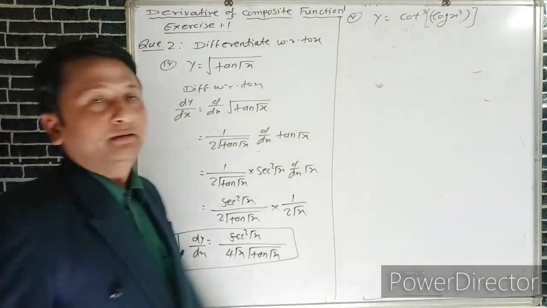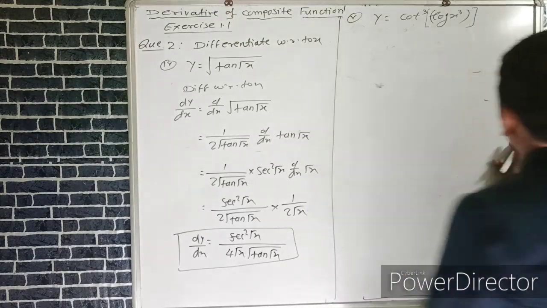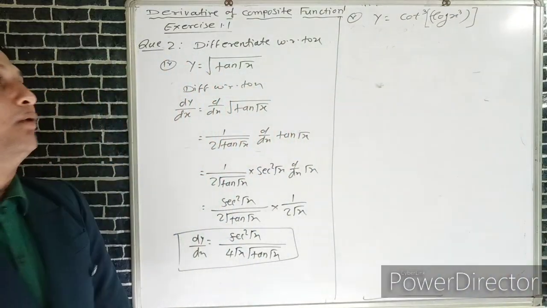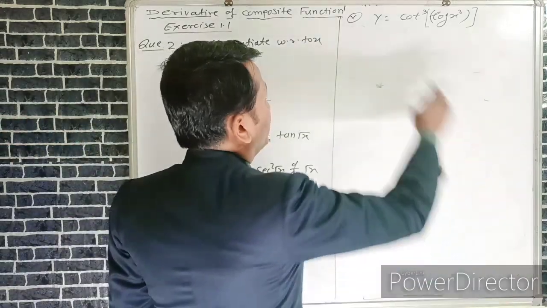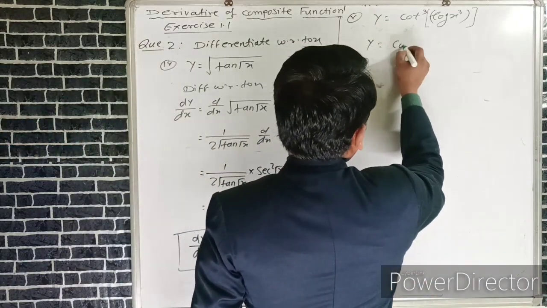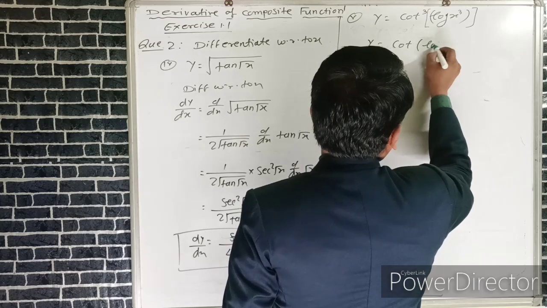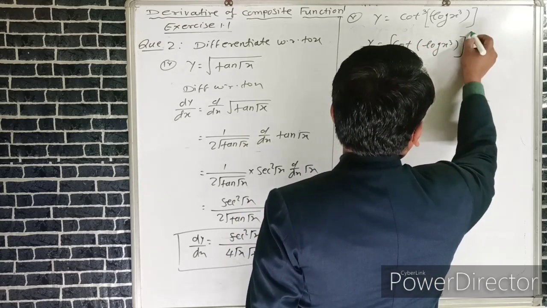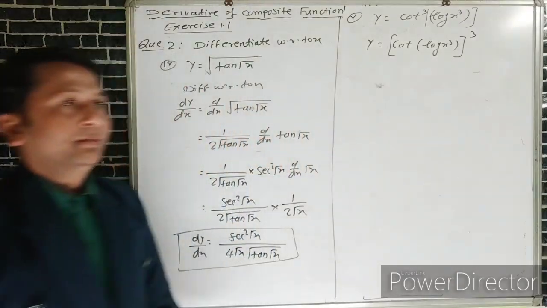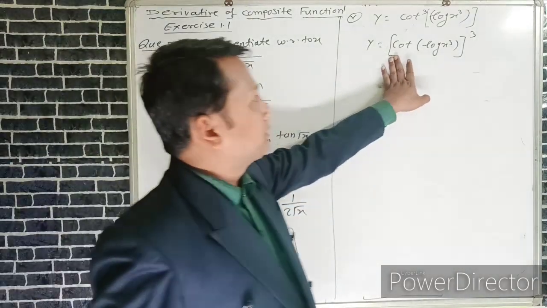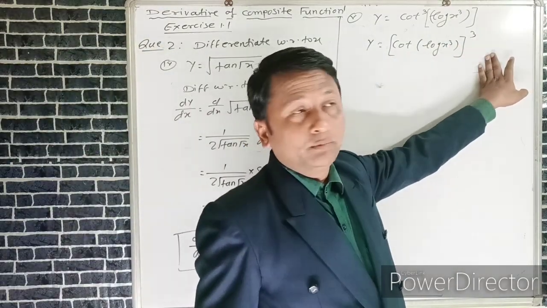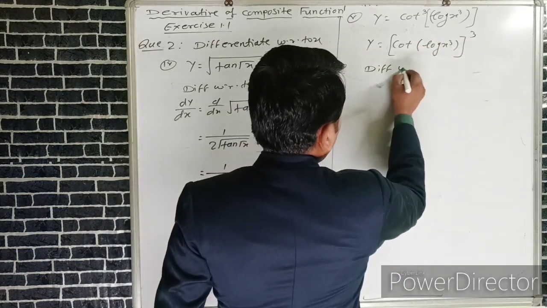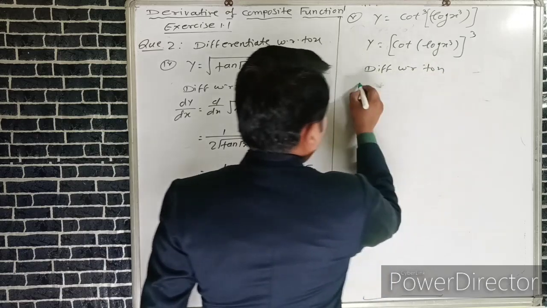After that, next example is 5. y is equal to cot cube of log of x cube. We can write it as cot of log of x cube, whole bracket cube. Now this function is in the form of x raised to the power n, and we differentiate with respect to x.